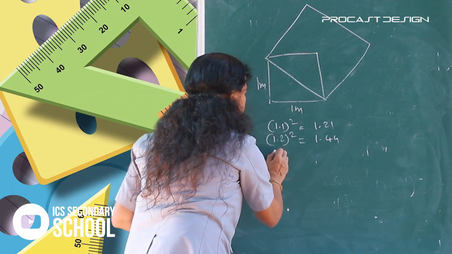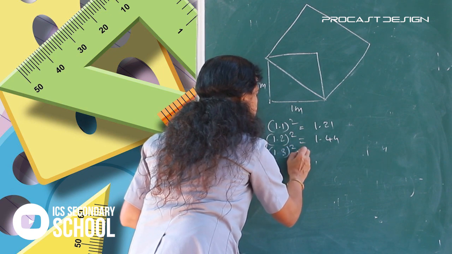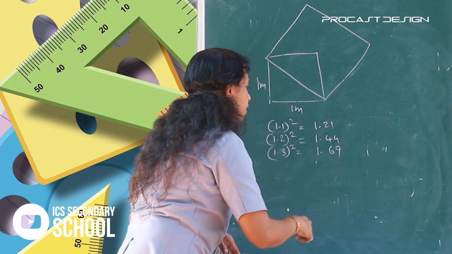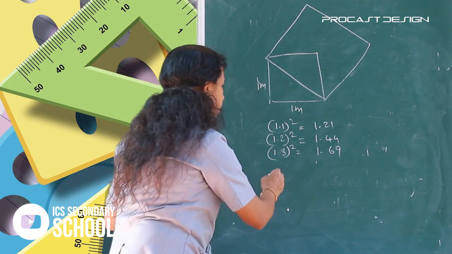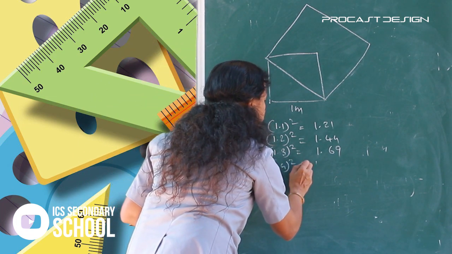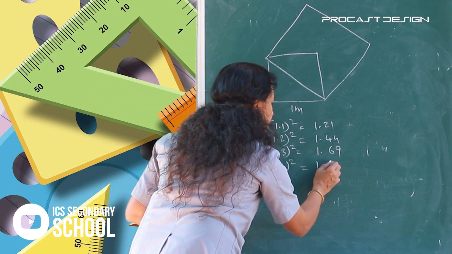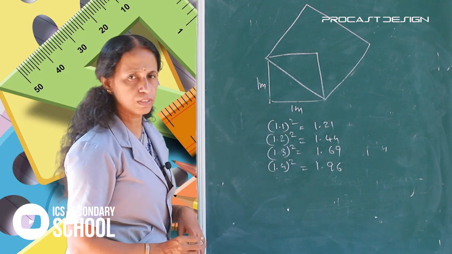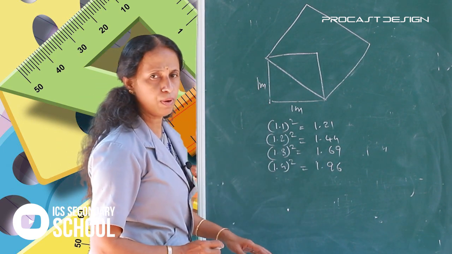If we take 1.3 square is equal to 1.69. 1.4 square is equal to 1.96.